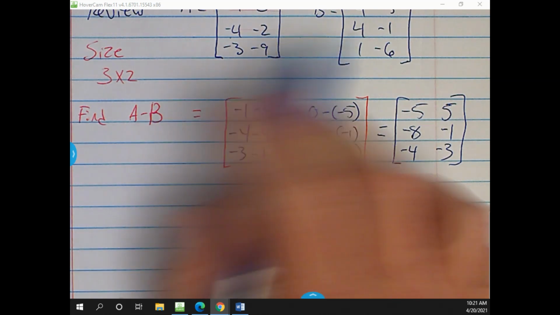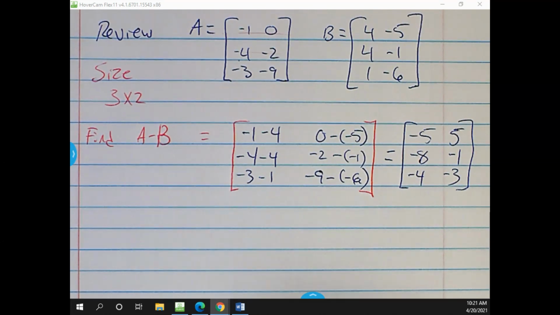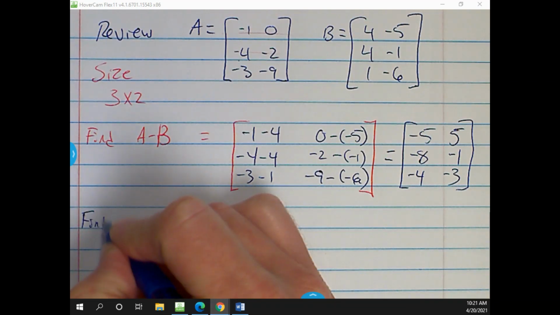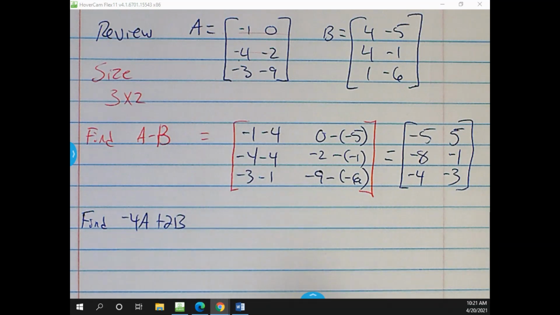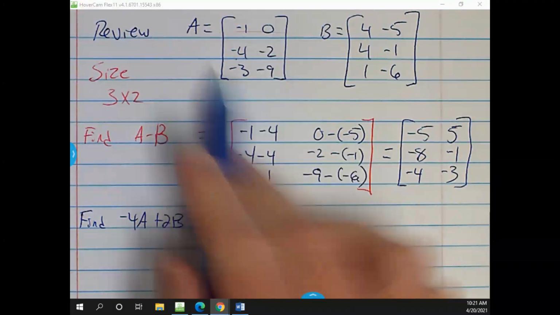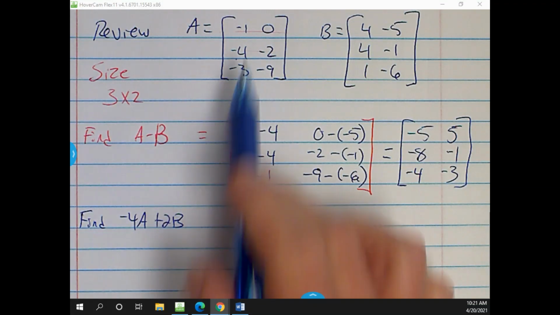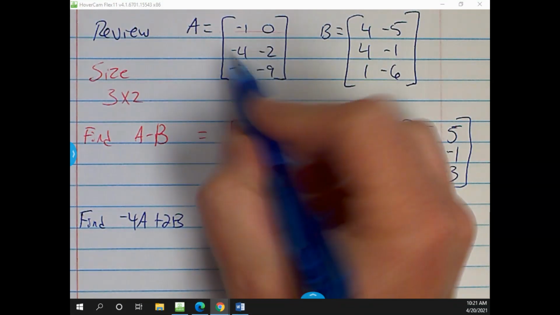All right, sticking with those same matrices A and B, let's find -4A plus 2B, where we do the scalar multiplication. Again, scalar multiplication is where you take a matrix and multiply everything by a specific number. In this case, we're going to multiply everything in A by -4.